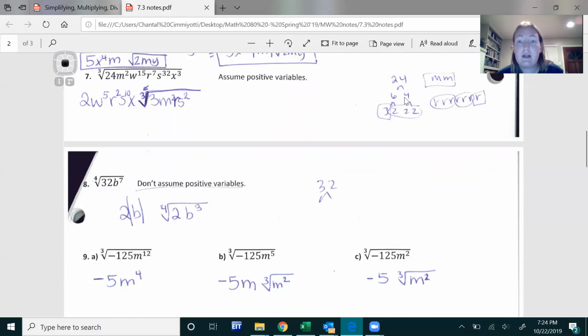Here's 24 with a factor tree. We're looking for groups of 3 again of some factor. We have 3 2's. So I can pull out a 2, and the leftover gets left under.